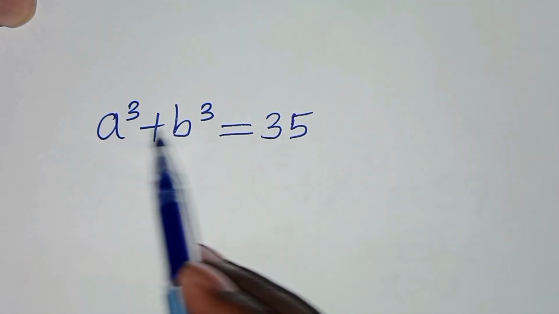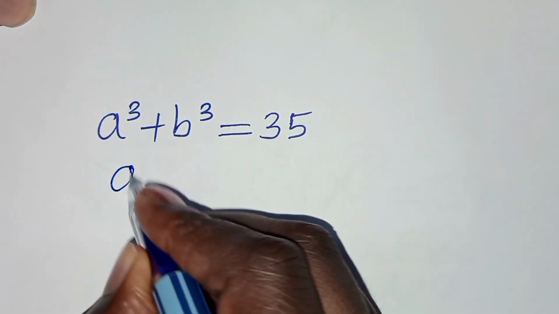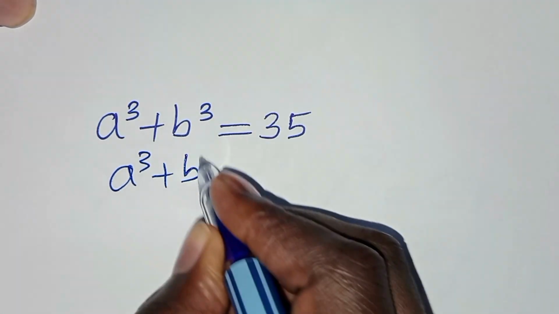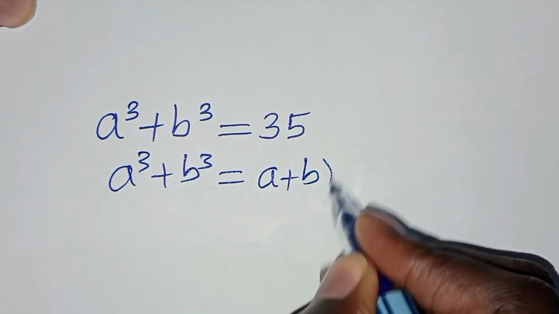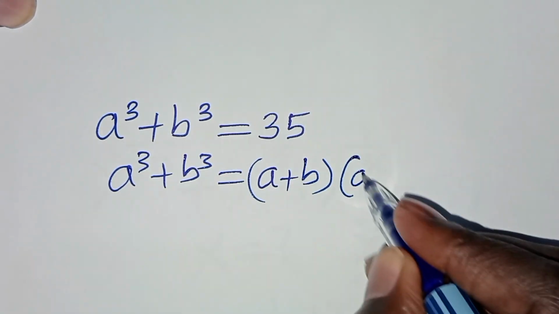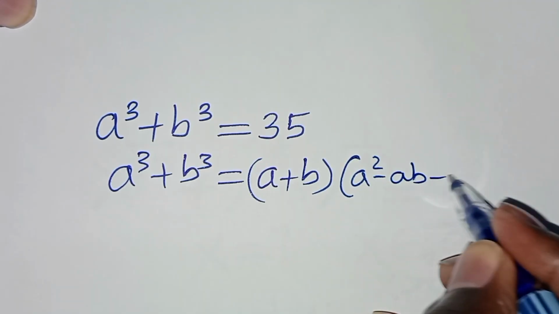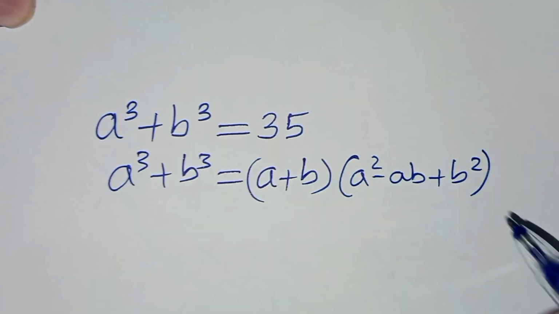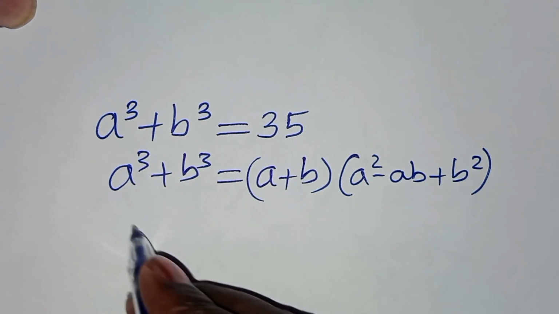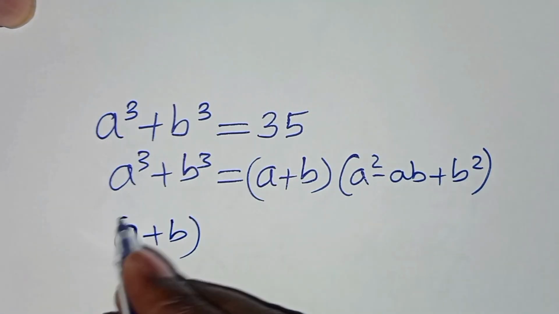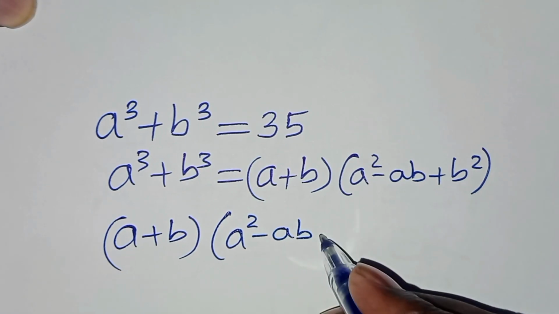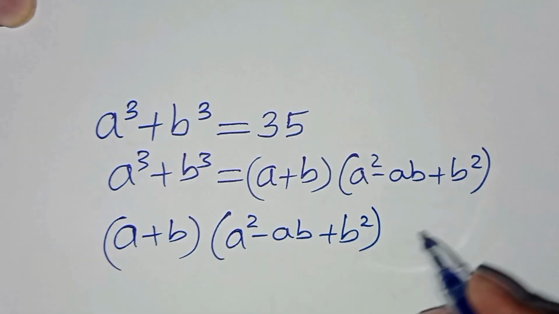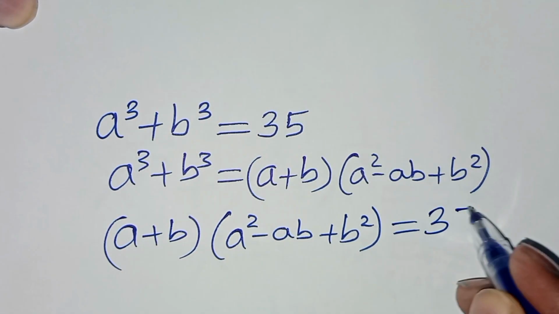Now in this case, we have a plus b, a squared minus ab plus b squared, this is equal to 35.